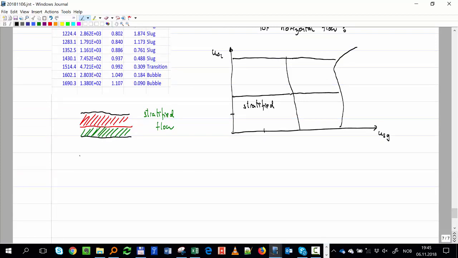So at the end you end up with bubble flow, where you have these droplets of gas, probably shifted to the top due to gravity, and then you have liquid. And this is called bubble flow.